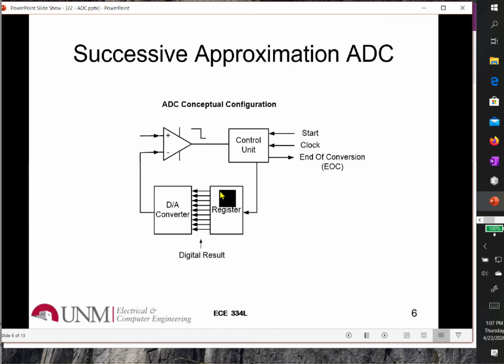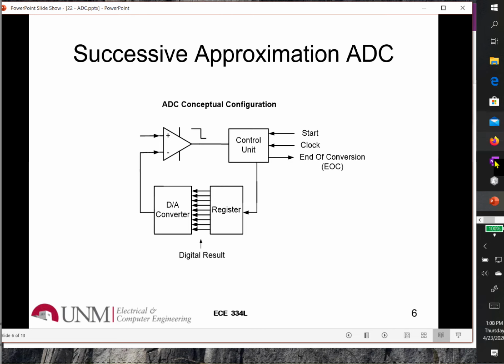And what I do is I set this register to 0. So recall this is some value, and I can start at 0, and I'm going to count until this output of the D to A converter just slightly exceeds my input signal. When I see that the output of the op-amp goes from high to low, then I know that my conversion is done and I've come up with an estimate of my input signal. And that is how I can do my end of conversion.